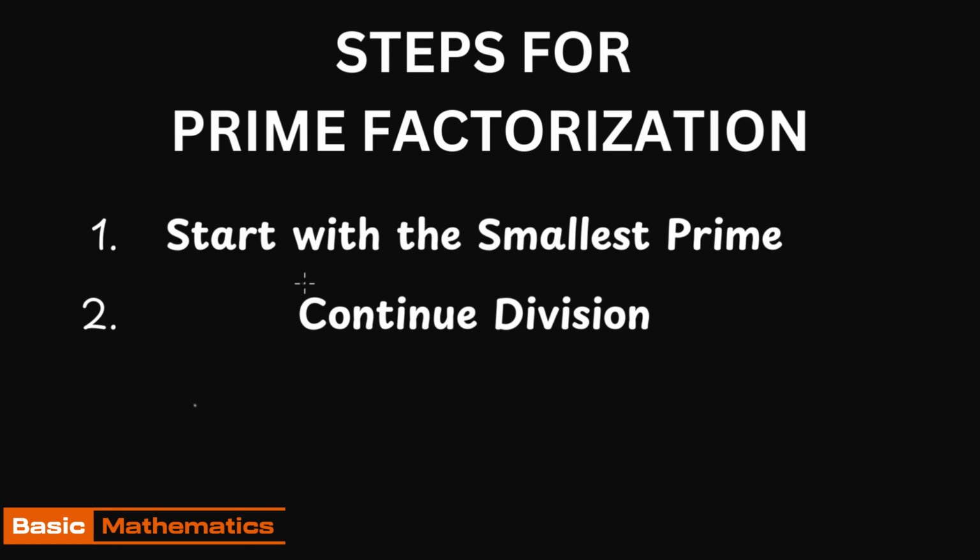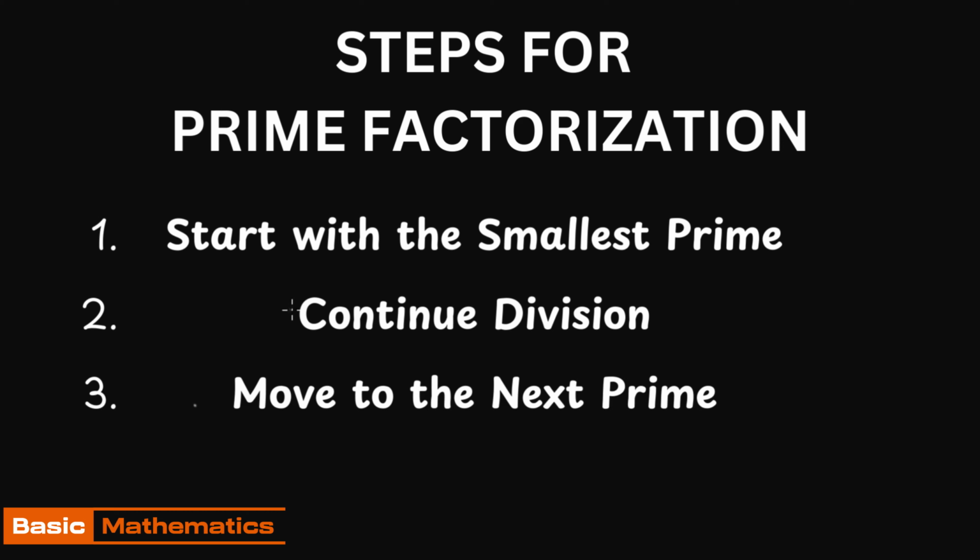That is, we keep dividing by the same prime number until it no longer divides evenly, meaning there should be no remainder. Step number 3, if the smallest prime number can no longer divide evenly, we move to the next prime number, which is 3.